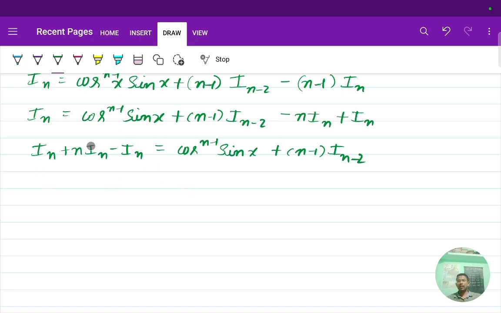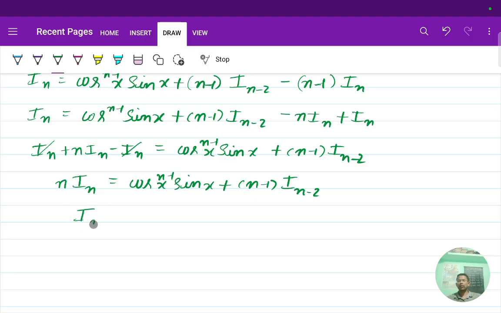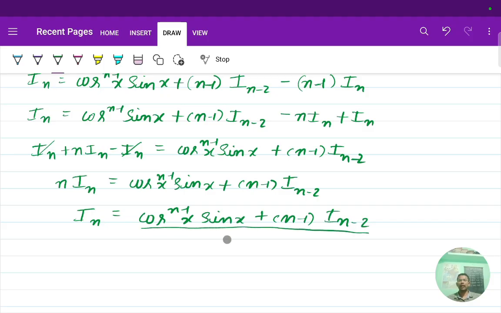Then here plus I_n minus I_n cancels, the remaining part is n I_n equal to cos power n minus 1 x into sin x plus n minus 1 into I_(n minus 2). We need only I_n, so I_n is equal to cos power n minus 1 x into sin x plus n minus 1 into I_(n minus 2), whole divided by n.